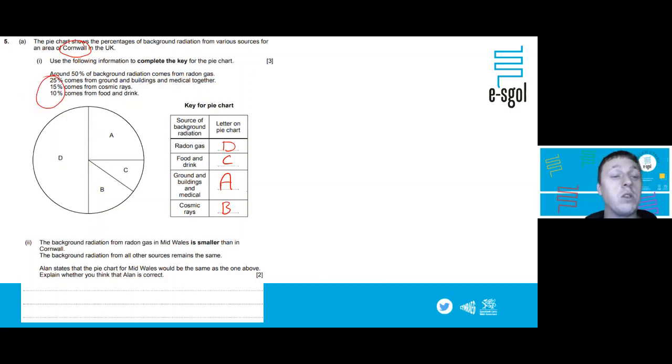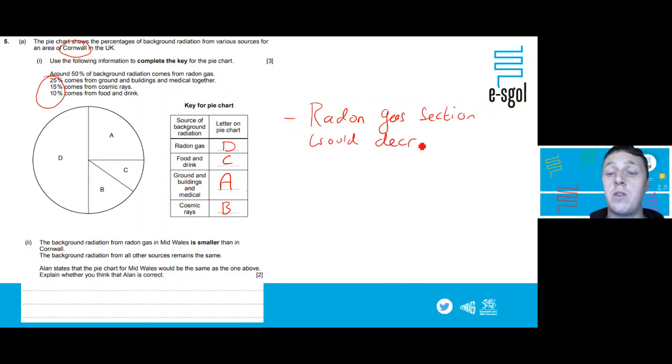As all the other ones would remain the same, they would take up a larger percentage of the total amount, which would mean D might shift to a smaller amount and B might take up a larger percentage, C would take up a larger percentage, and so too would A. So what would happen is, the first thing you can identify is that the radon gas section would decrease or get smaller. So here we've identified the first change we would see.